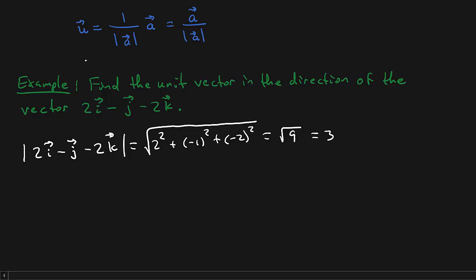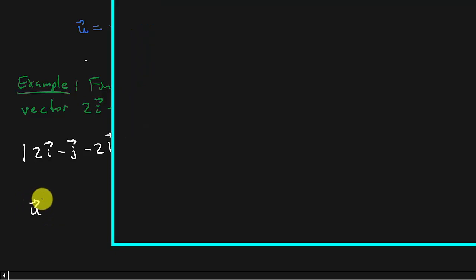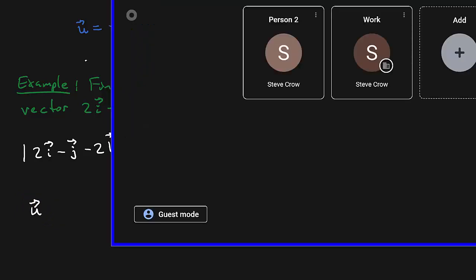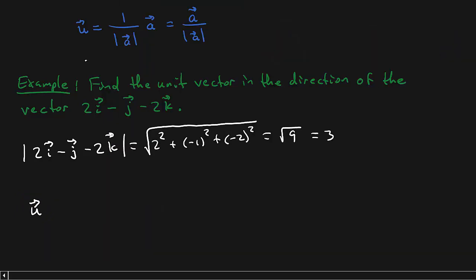So the unit vector is equal to 1 over the length, so that's 1 over 3, times the vector, so times 2i minus j minus 2k.